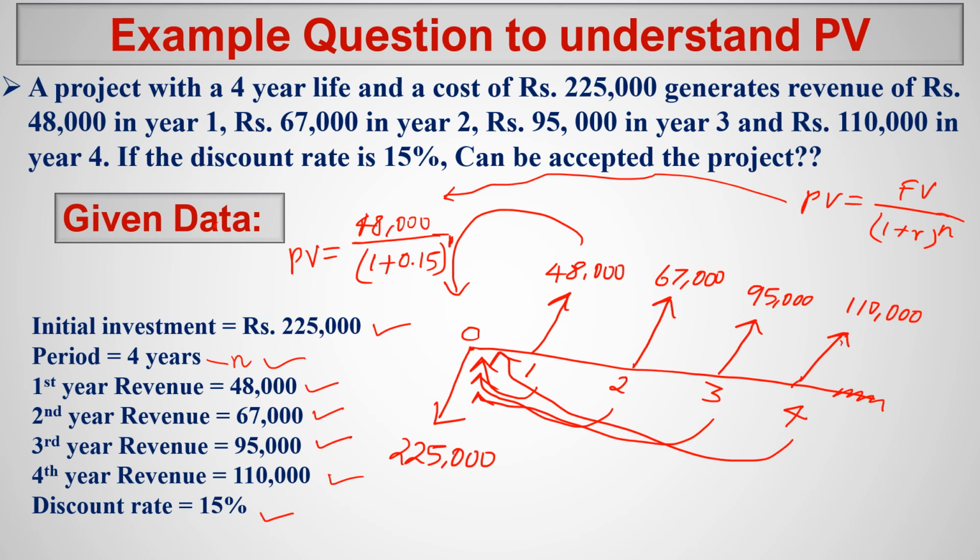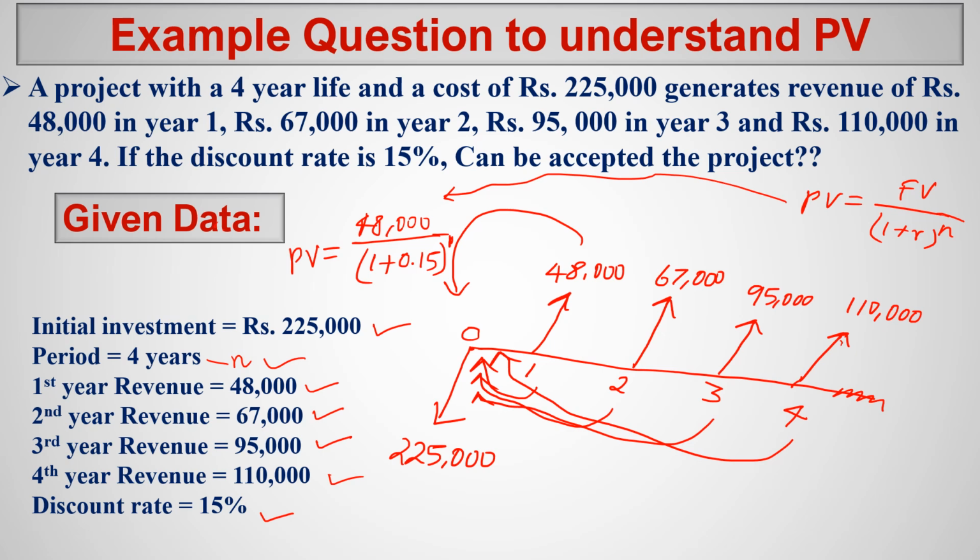So we'll get the number. Likewise for the second year, we use 67,000 divided by 1 plus 0.15 to the power 2. Likewise every year's revenue we bring down to the present.